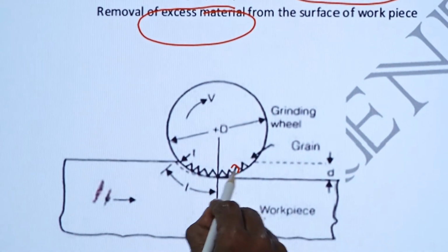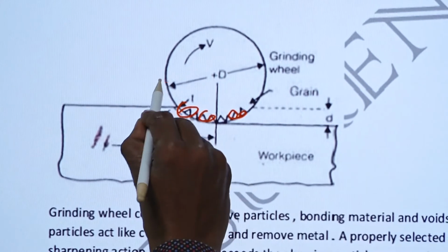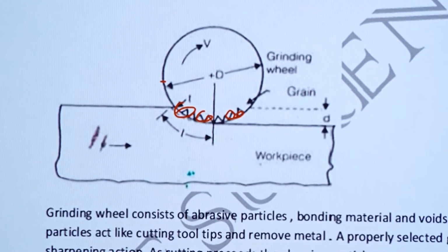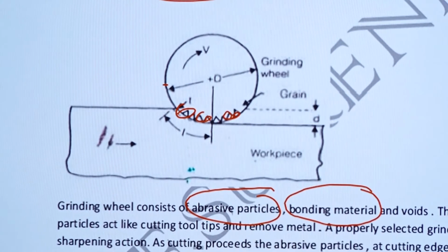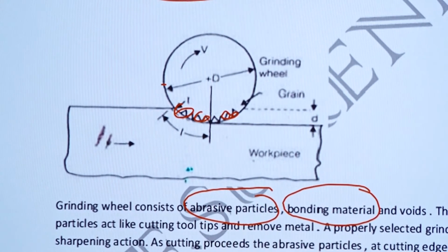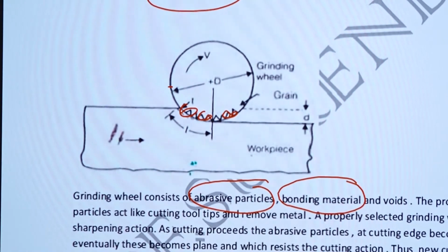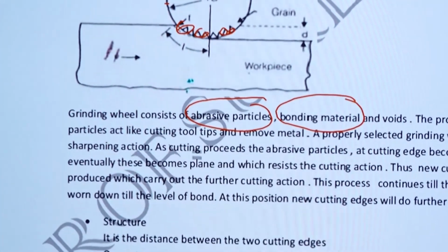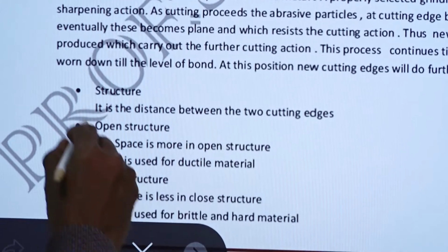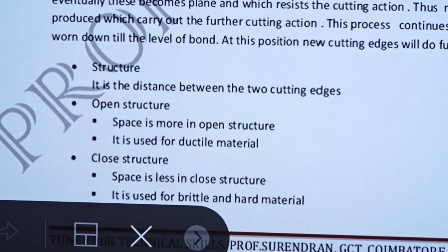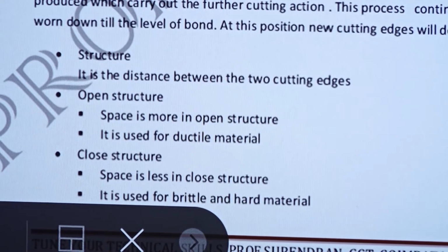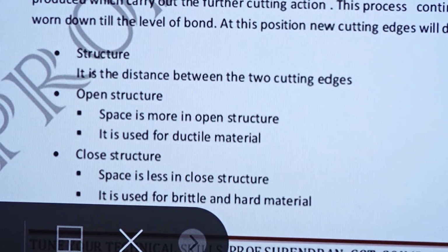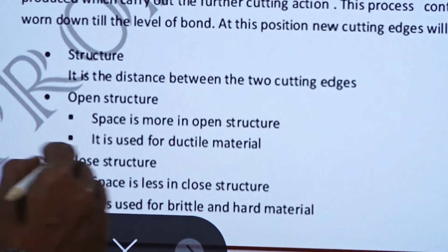In the grinding wheel you can observe these grains. The abrasive particles are bonded together with the help of bonding material. The wheel has different features, one of which is structure. Two types of structure are used in the grinding wheel: open structure and closed structure.